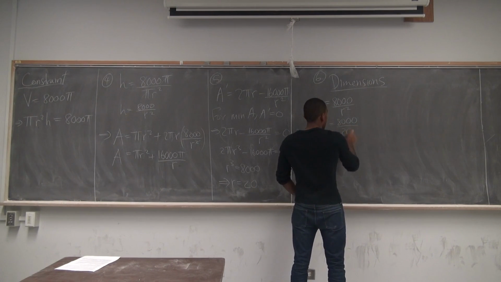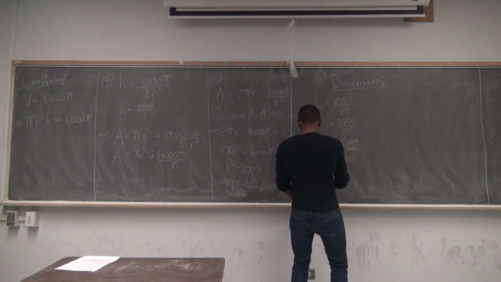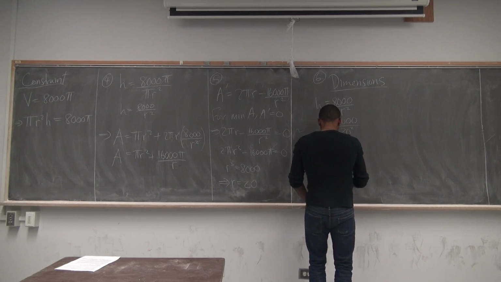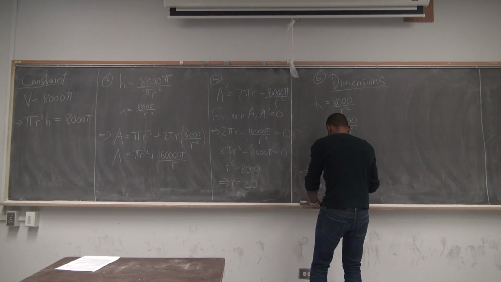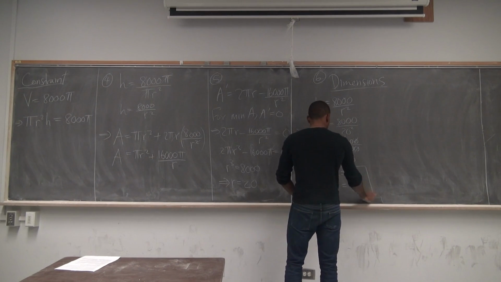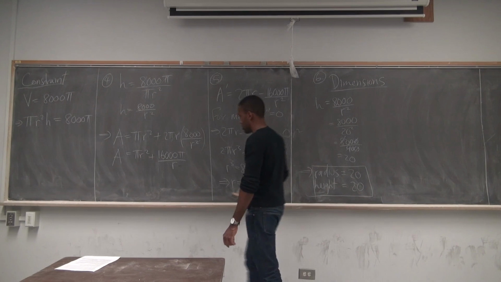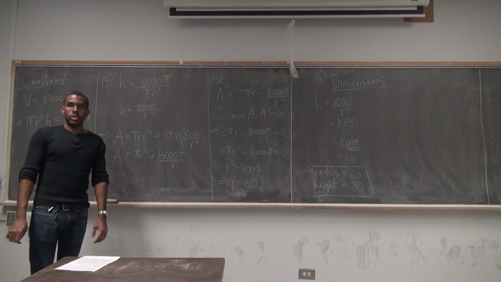My r is 20, squared is 400. 8,000 over 400, so the height is 20. Questions?